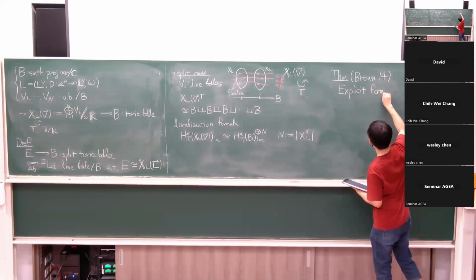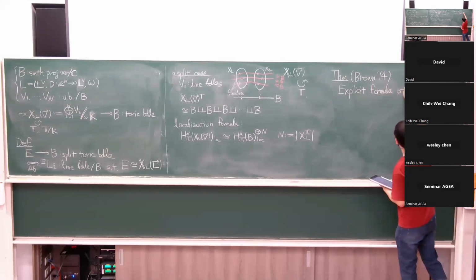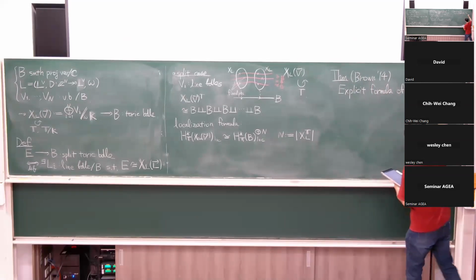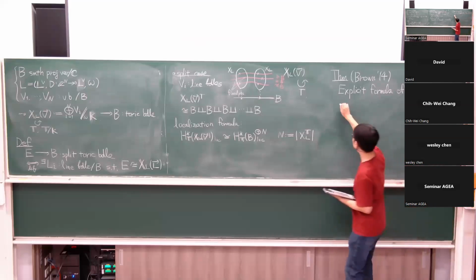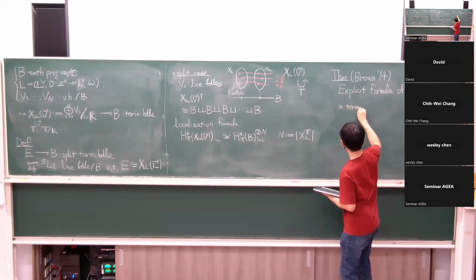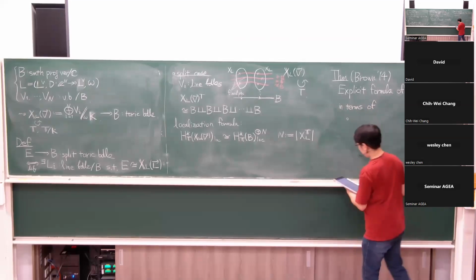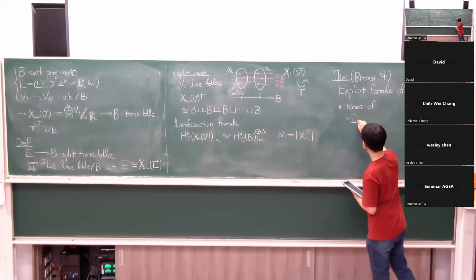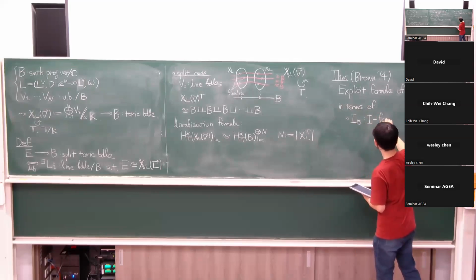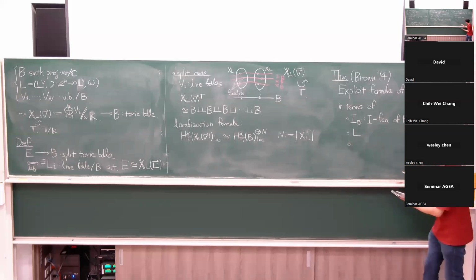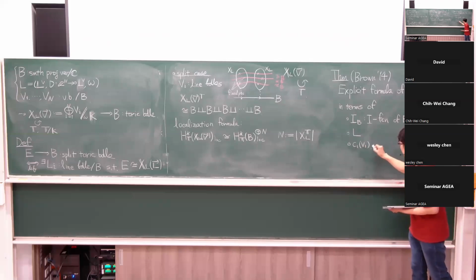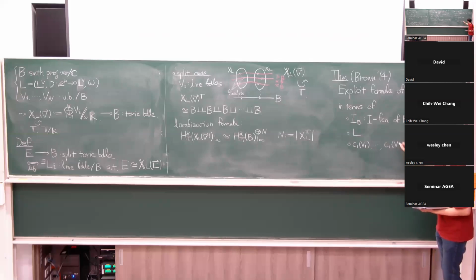He gave an explicit formula of the I-function in terms of the I-function of the base space and L, and the first Chern classes of line bundles.